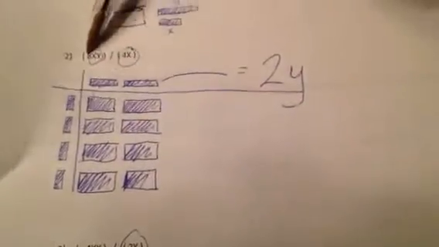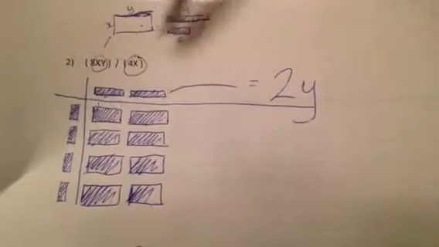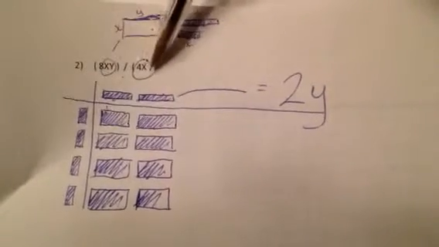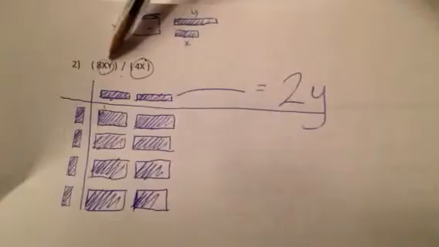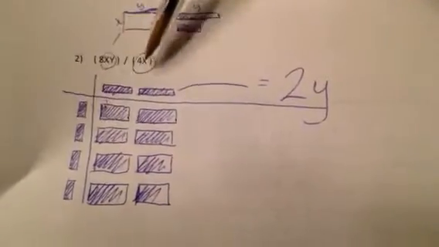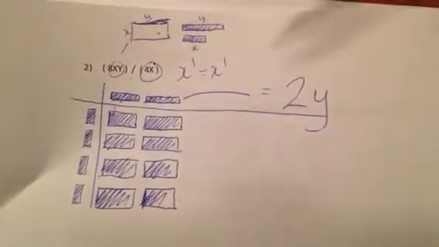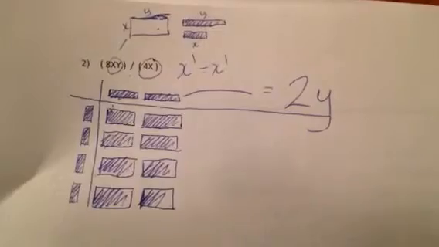Okay. Let's look over here at this example we did. 8 divided by 4 is 2. And x divided by x will cancel out because x to the 1 divides x to the 1. And 1 take away 1 is 0, which means we have no x's.